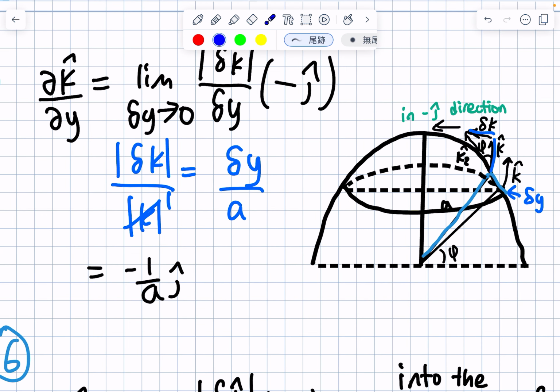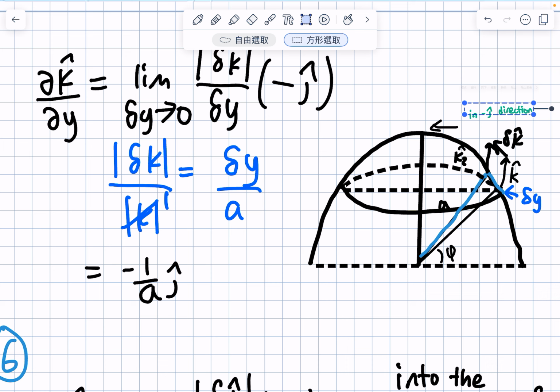It looks like this is going in this direction, but it's really going in this direction, so I should really fix these. It's such a small triangle we can't even see, but this is a triangle. This is delta k, and it's pointing in the z direction.